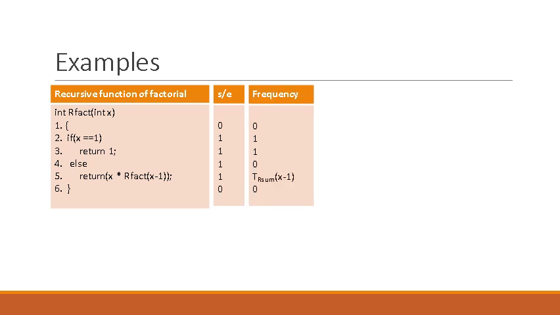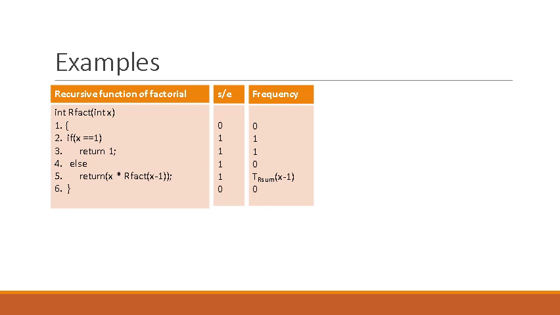Count: we know if x equals 1, it is going to execute only once and its value will become true. Else will not execute, and the return statement is going to execute t of x minus 1 number of times. As we want to calculate factorial 5, it is going to execute factorial 4, factorial 3, factorial 2 and then factorial 1.